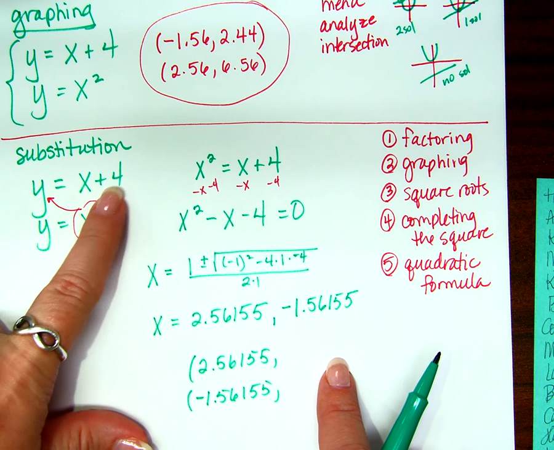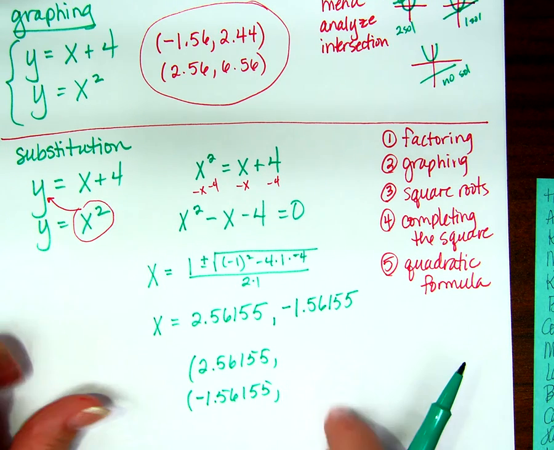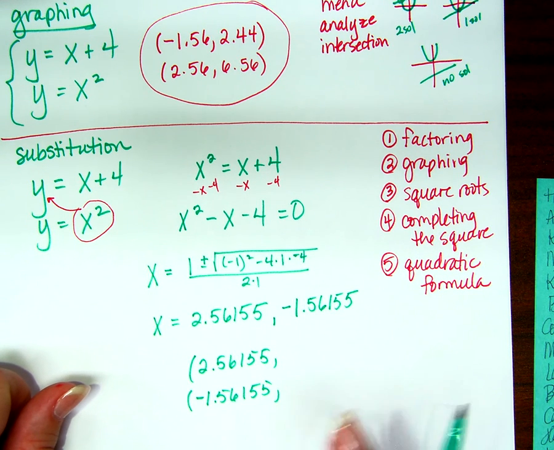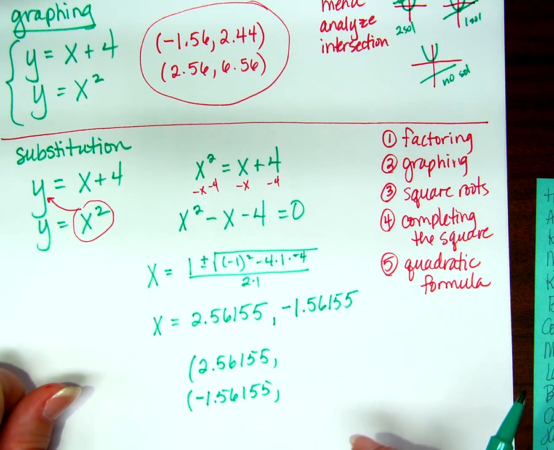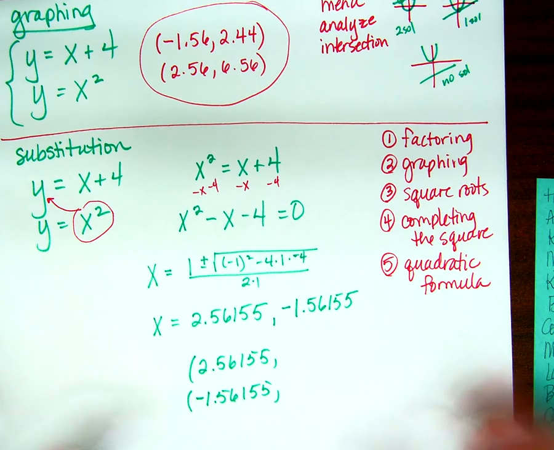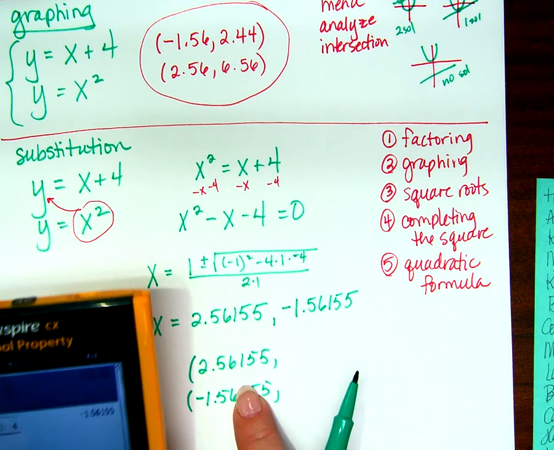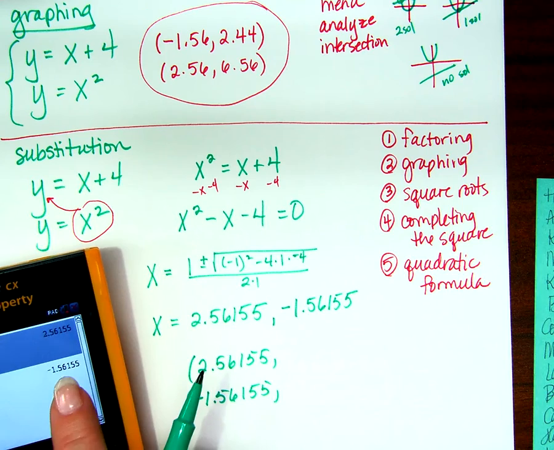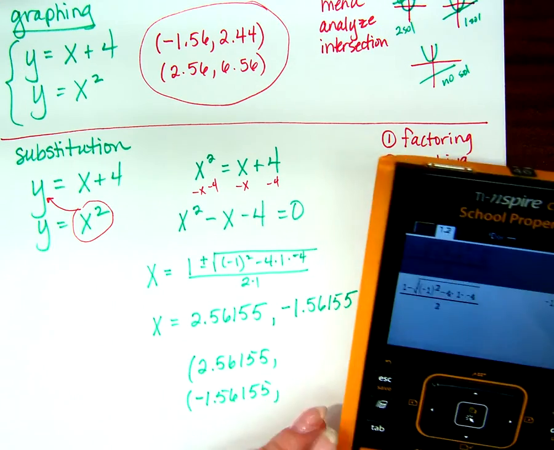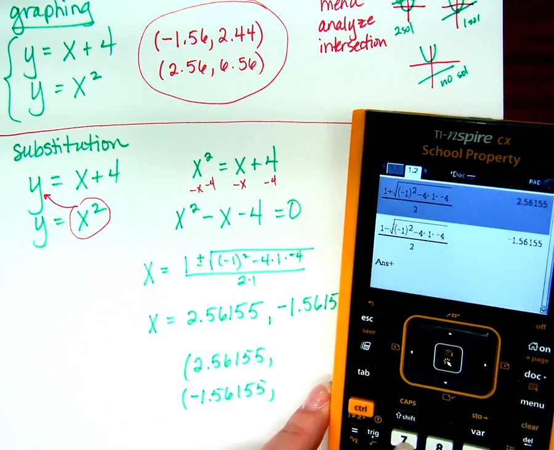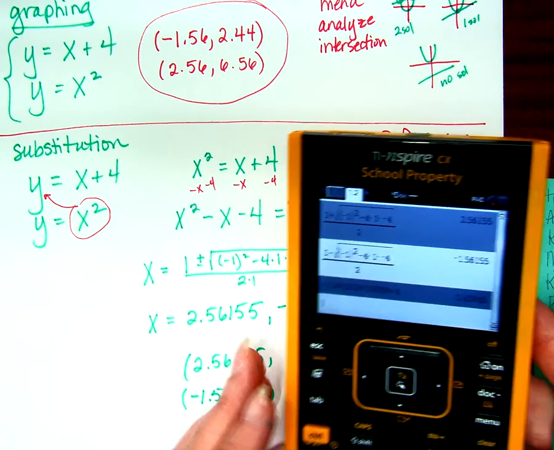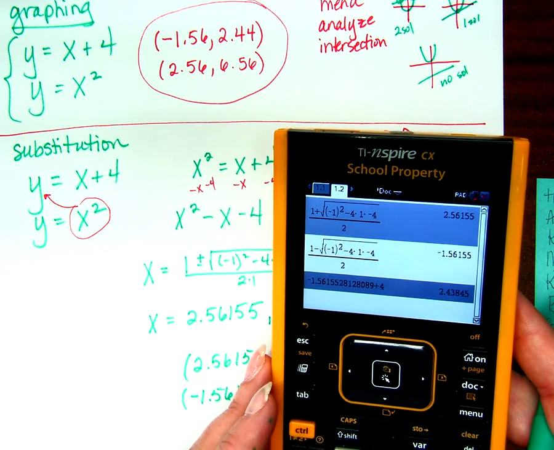Do I want to add 4 to the x or do I want to square the x? Doesn't matter. Since they both equal y, it doesn't matter. Can I show you that it doesn't matter? Okay, I'm going to use this one right here because it's the last one on my calculator. Okay, I'm going to say plus 4. And it says 2.43845.